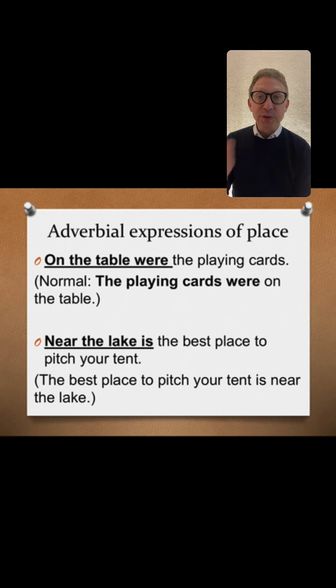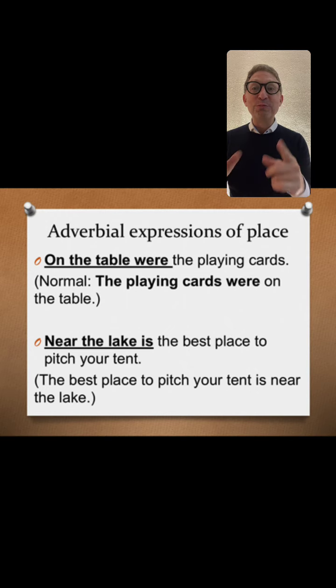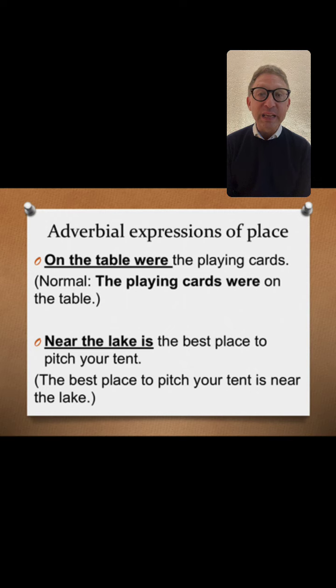If we want to reverse the sentence and make it more interesting, remember, sentence variety, especially when you're writing, is really interesting. So if we don't want a normal sentence, you can reverse this and create a very interesting sentence. On the table were the playing cards. The playing cards were on the table.